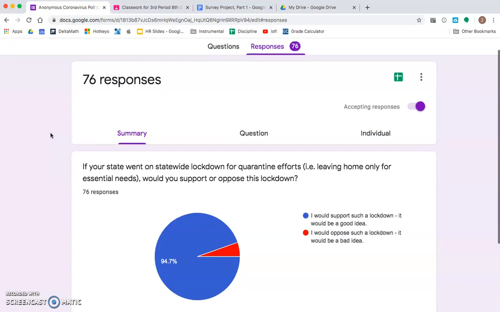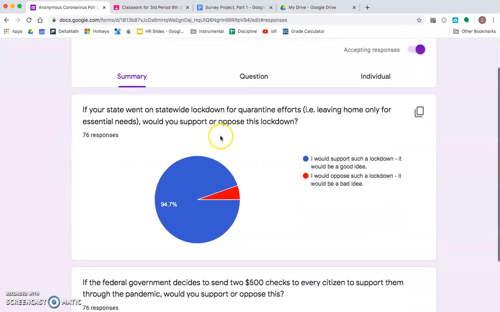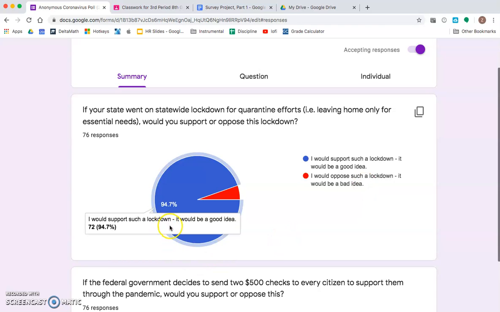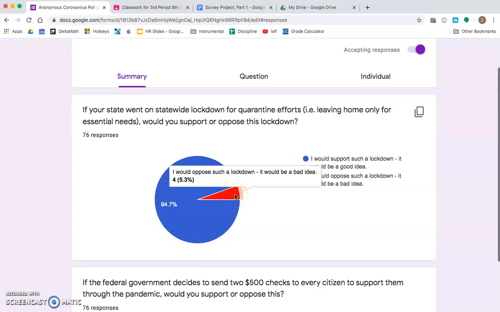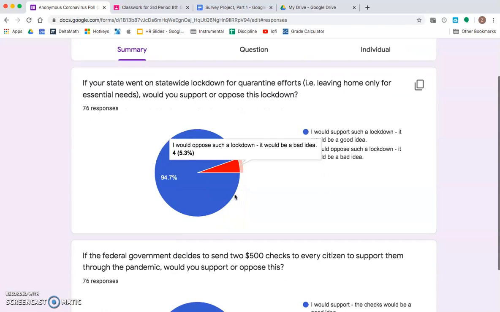Loading. There we go. Okay, so for the first question, I got these responses, where the blue is people who would support the lockdown and the red is people who would oppose the lockdown. You can see that 72 of the people that responded, or 94.7%, said the lockdown would be a good idea. And then 4 people, or 5.3%, opposed the lockdown and said it would be a bad idea.